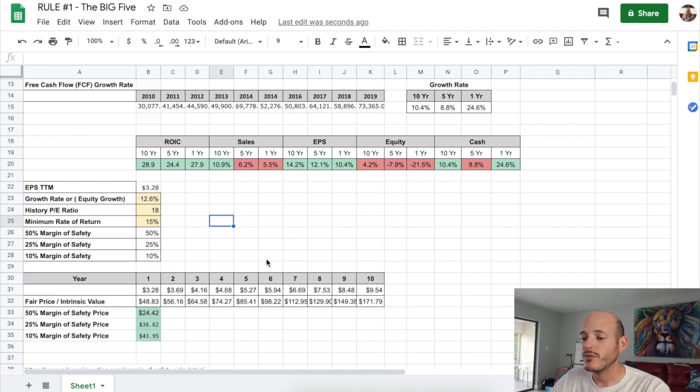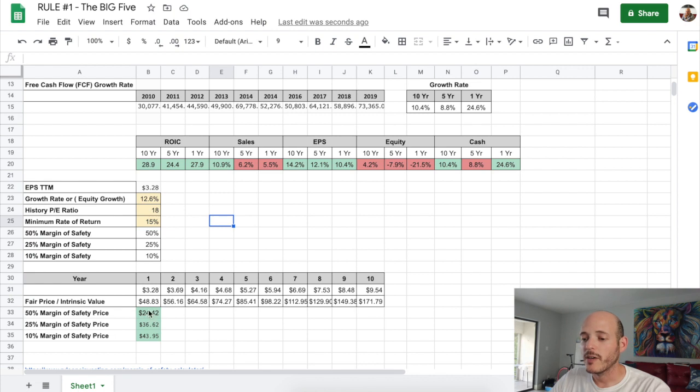And then if it was to revert back to today's price, the fair value price for Apple right now should be $48.83. So that's the fair price or intrinsic value for Apple based on the Phil Town model of Rule Number 1 investing. And I also have provided here a 50% margin of safety, which is $24, 25% margin of safety, which is $36, and 10% margin of safety, which is $43.